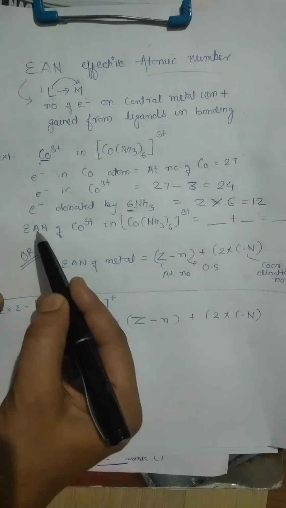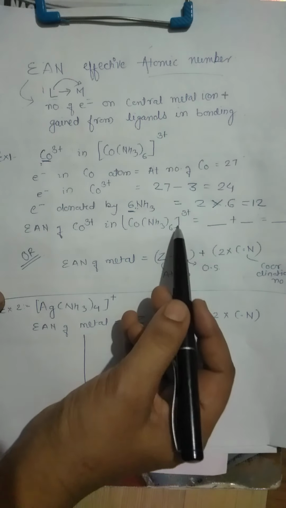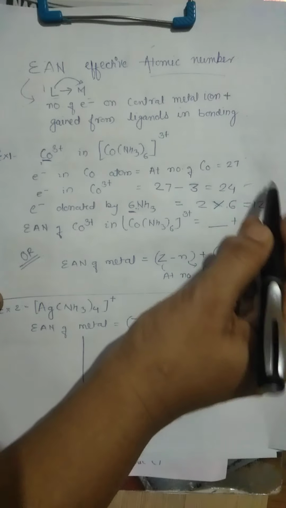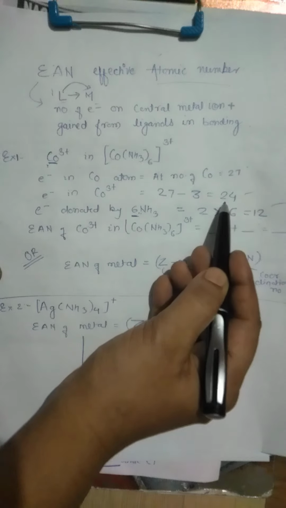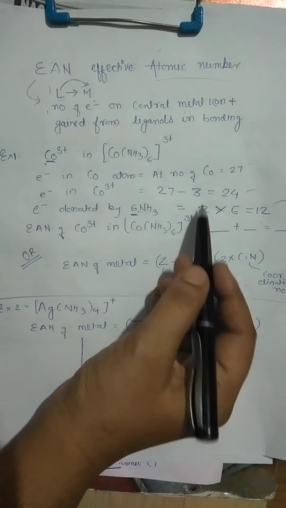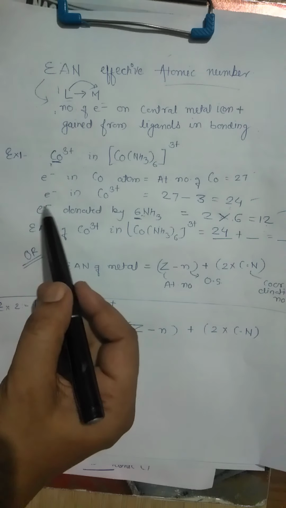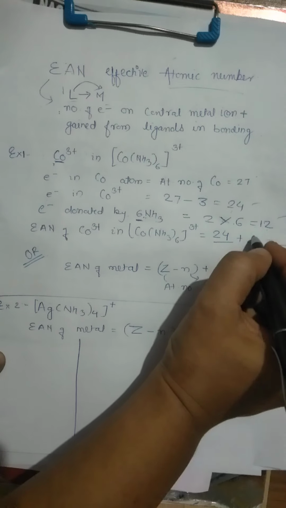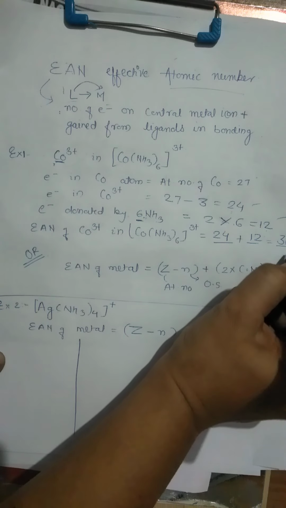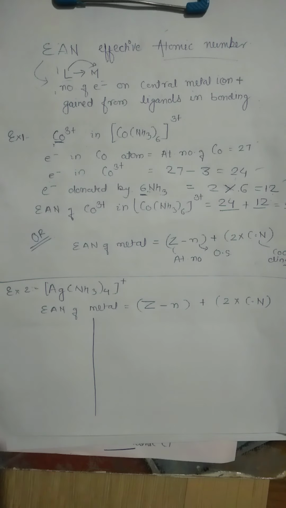Now we will find the effective atomic number. How to find the effective atomic number of this central metal ion? It will be the sum of these two. As per the definition, the electrons of the central metal ion, that is how much? 24. And the electrons donated by the ligand, how many? 12. So it will become 36. So 36 is the effective atomic number of this cobalt ion.